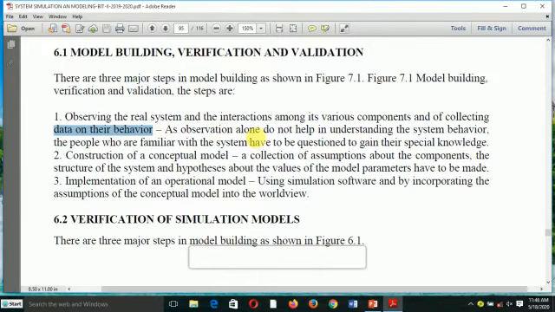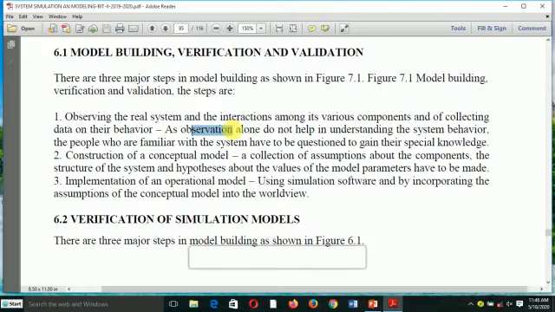But observation alone does not help in understanding the system behavior. If you only observe, you won't have 100% insight about the behavior of the system. So you can't just go there, observe, and say the bank is working like this.